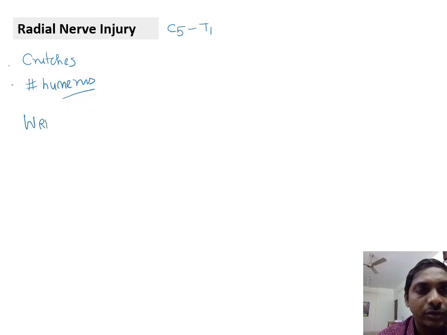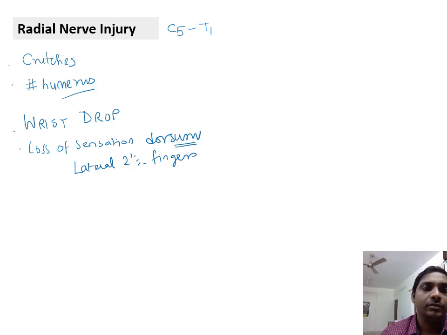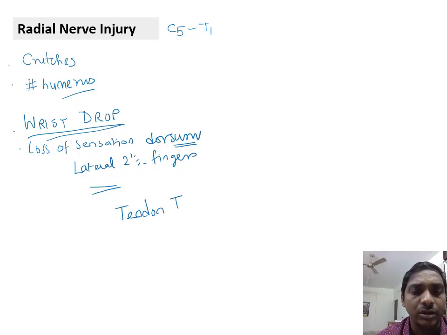Commonly the motor phenomenon is wrist drop, and there is also loss of sensation at the dorsal aspect of the lateral two-thirds of the hand. Treatment usually requires tendon transfer, right? When it is early or due to surgery, you can go for a nerve repair.